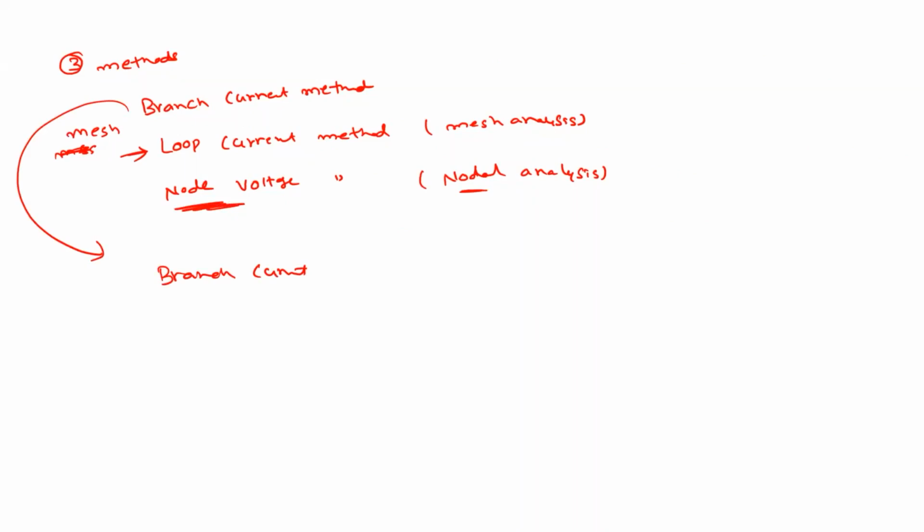Let's take a simple example and solve it so that you can understand better. Let us consider a source, something like this, some circuit.